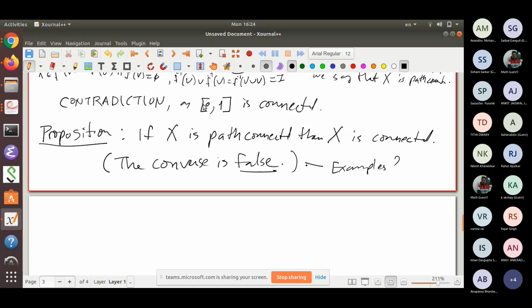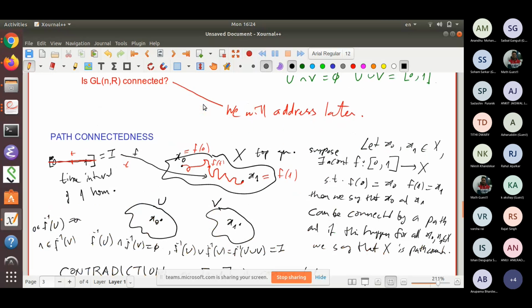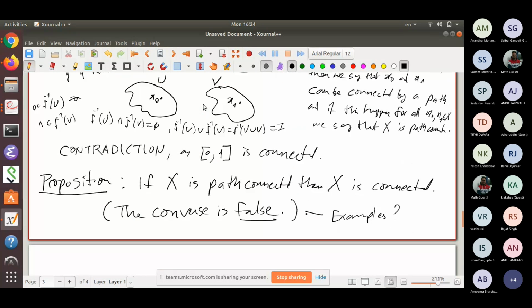So you have understood the notion of connected and path connected, and its opposite, disconnected or something which is not path connected, and the implication that path connected implies connected.